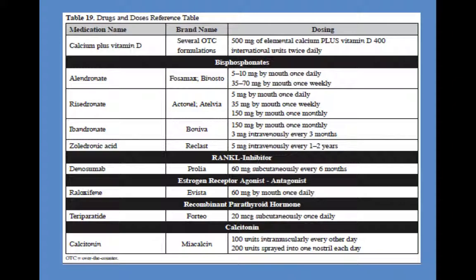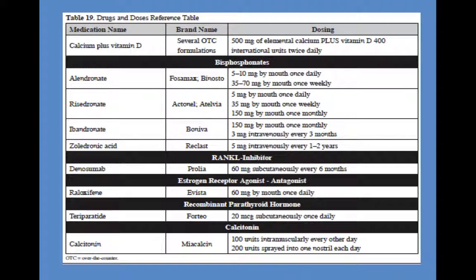You get a selective estrogen receptor modulator, or raloxifene, which can be used for women who may have decreased bone mineral density due to menopause. You can have recombinant parathyroid hormone, or Forteo, which I don't think is used very often. But again, it's a subcutaneous once daily injection.